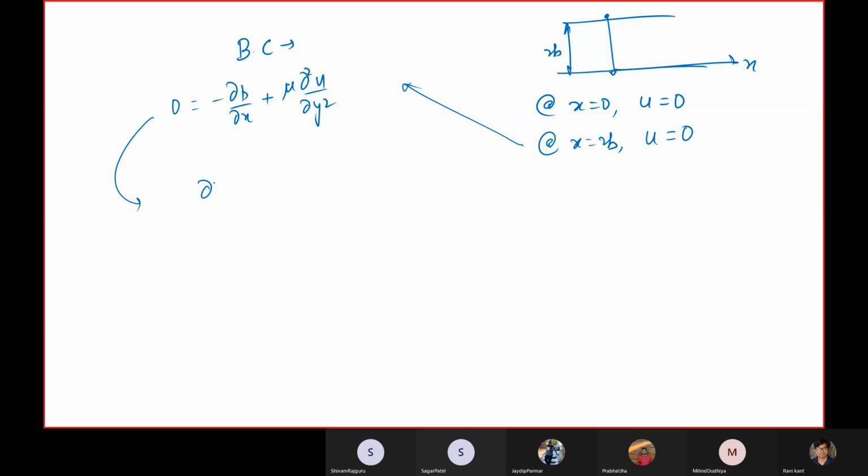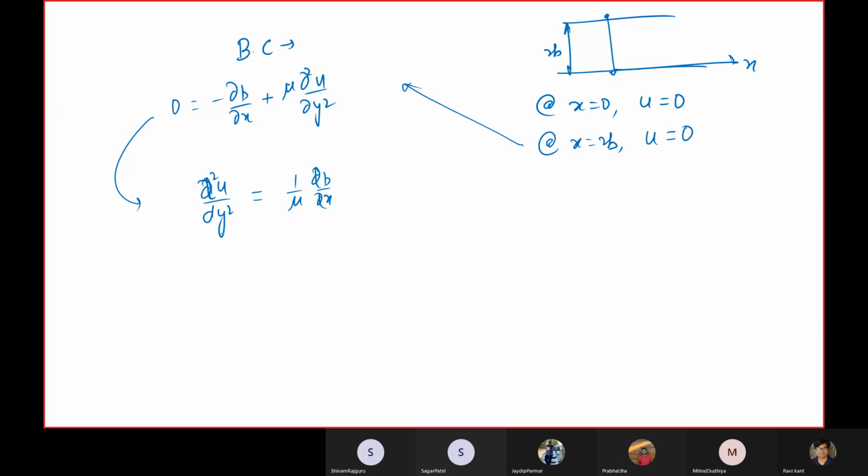Since everything has been replaced, I can write the total differential rather than the partial differential. Rather than ∂u/∂y, I can write du/dy. So d²u/dy² is nothing but 1 upon mu dp/dx. This ∂p also I can write as dp/dx.